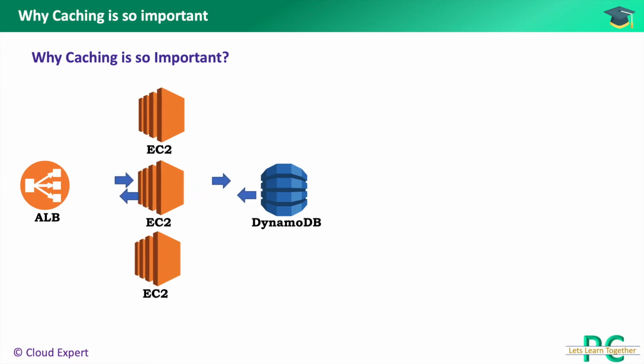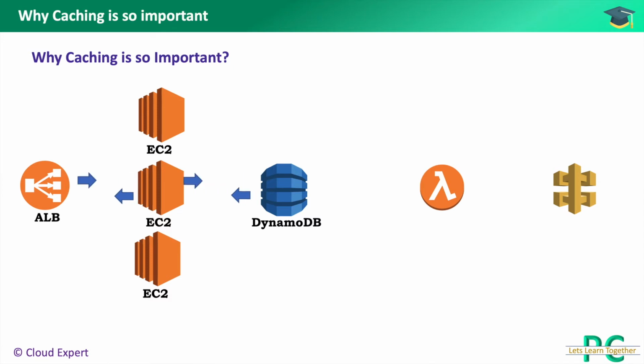Let's say another architecture, a serverless architecture, where I have one API Gateway and I have exposed some RESTful API with the help of a Lambda function. To serve that request, the Lambda function needs to query the data from the database.